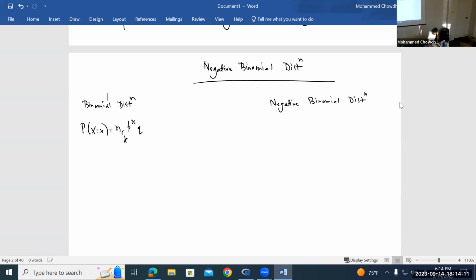P to the power x, q to the power n minus x, where n equals the number of trials, p equals the probability of success, q equals the probability of failure, x equals the number of successes.